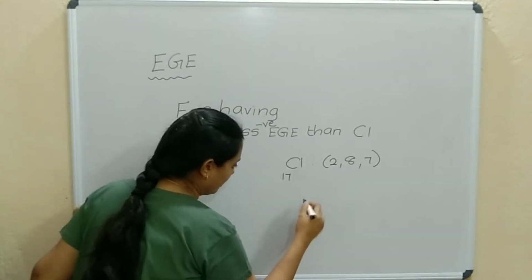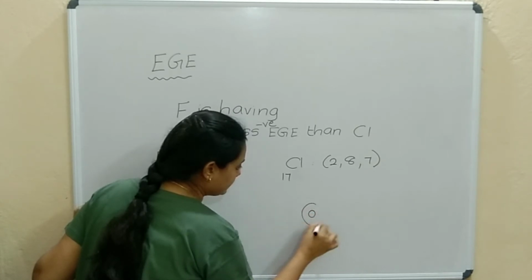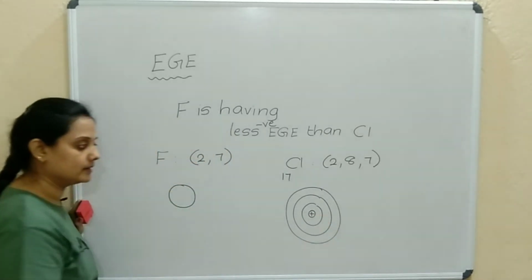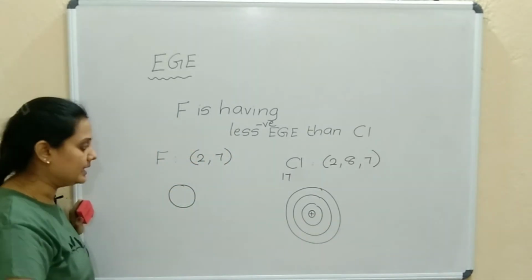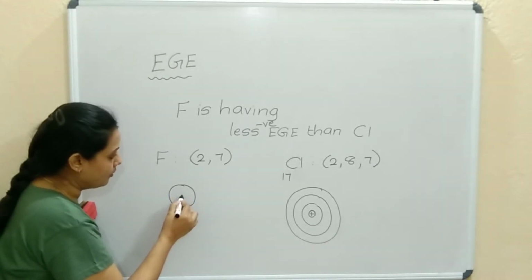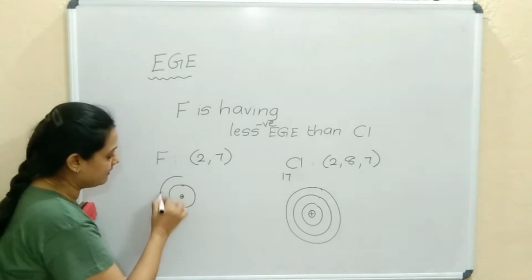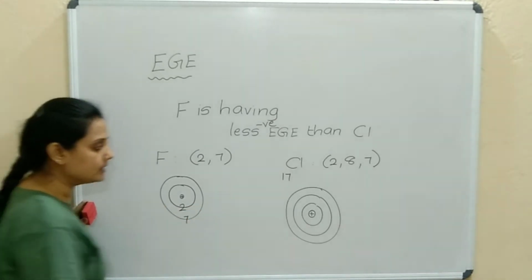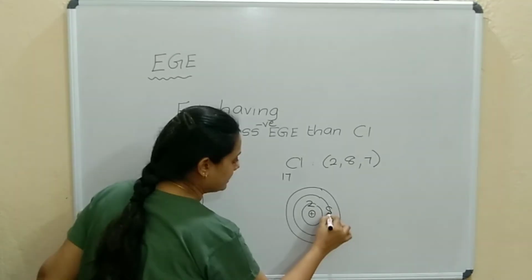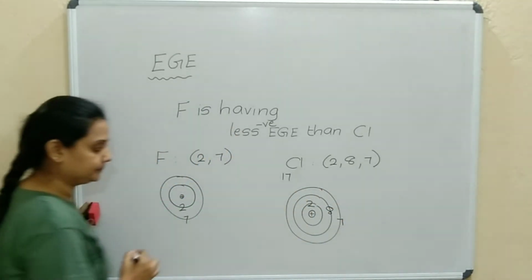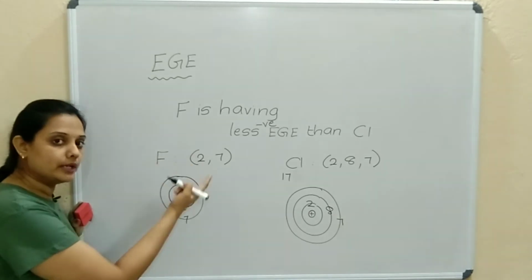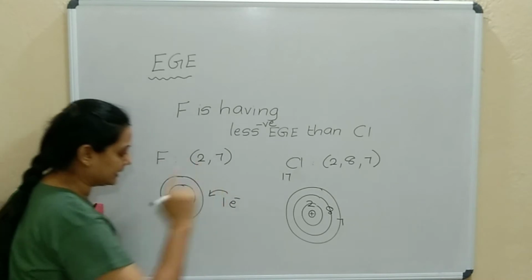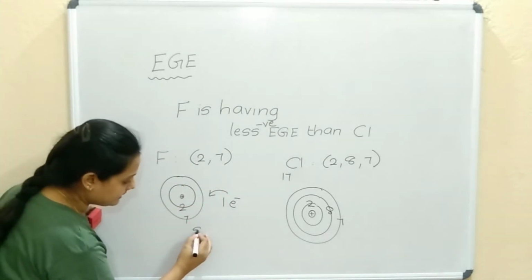Chlorine has a larger size and has 3 shells: 1, 2, 3, around the nucleus. Fluorine has 2 shells: 2 electrons and 7 electrons, while chlorine has 2, 8, 7. Each will gain 1 electron. Now if it gains 1 electron, fluorine, the size is very, very small.